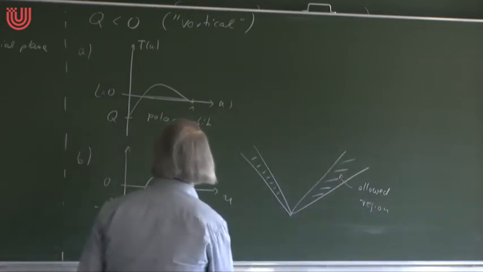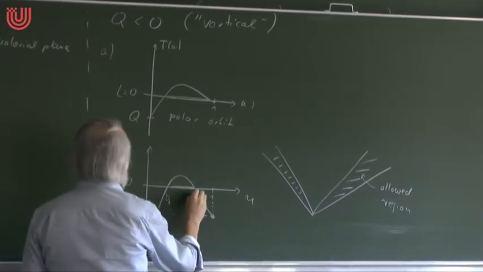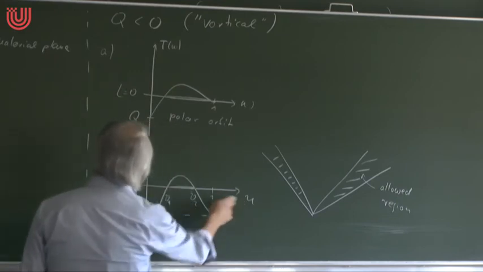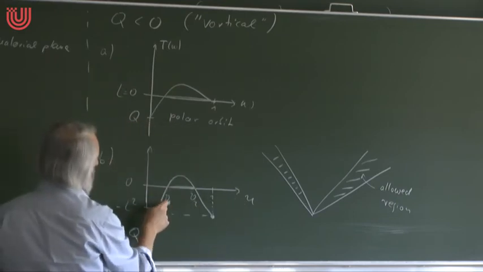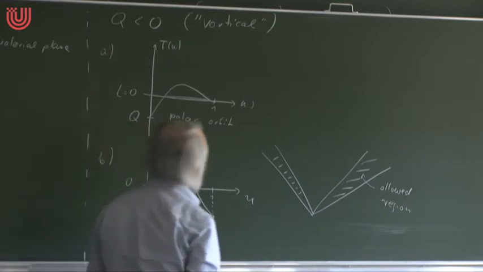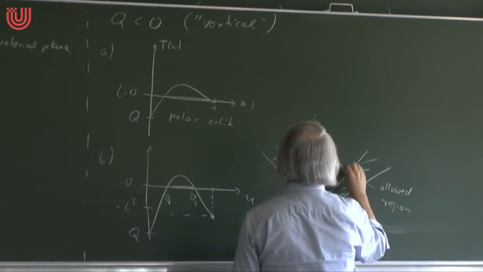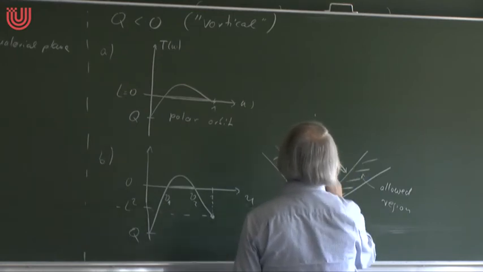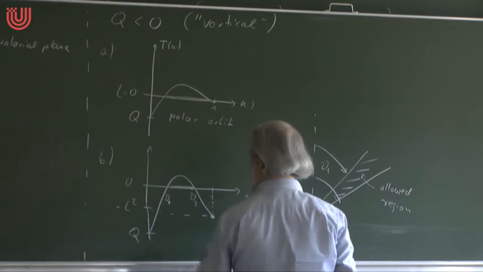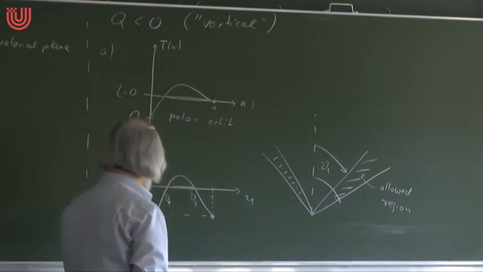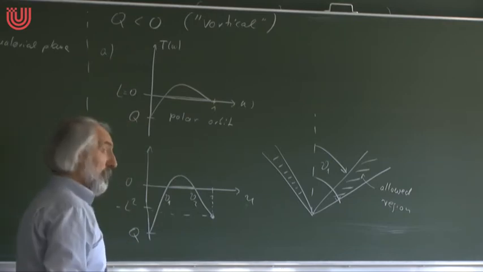We have a theta 1 here and a theta 2 here, and this corresponds to these values. u is a cosine squared of theta. So this is cosine squared of theta 1, cosine squared of theta 2. So this here is theta 1. And no, the bigger one is, wait a minute, the cosine, let me see.